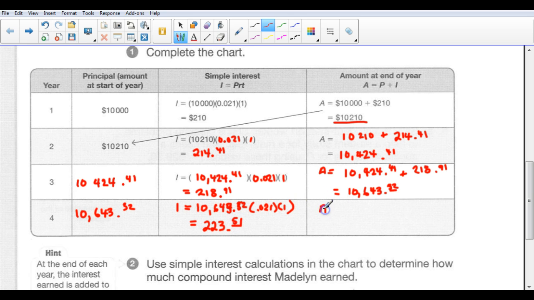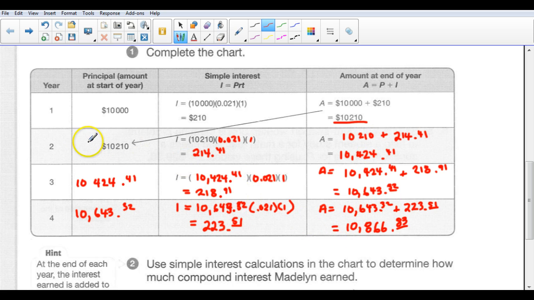So the amount of money she's going to have after 4 years is the $10,643.32 plus the interest, $223.51, which means after 4 years, she's going to have $10,866.83.